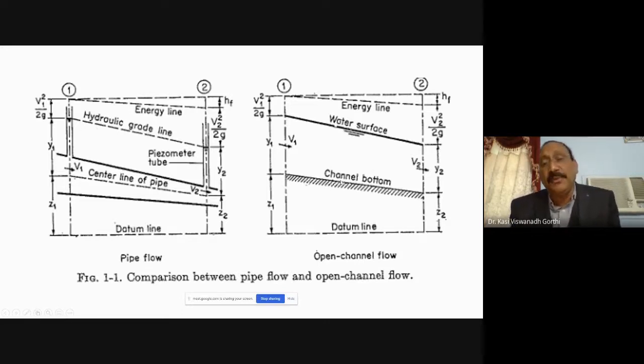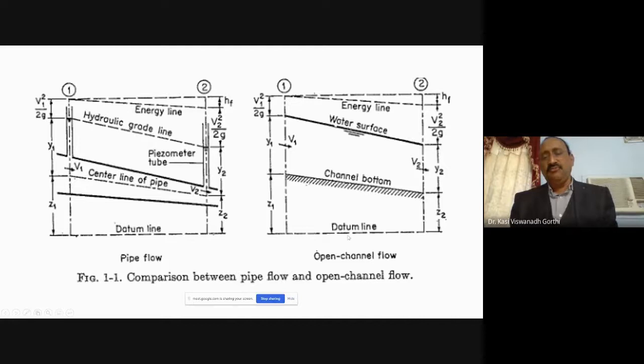But in the case of open channel flow, the depth of flow at section 1 itself represents the water surface. Similarly, Y2 is the depth measured from the channel bed. The line joining the points Y1 and Y2 gives you the water surface, which also acts as the hydraulic grade line.